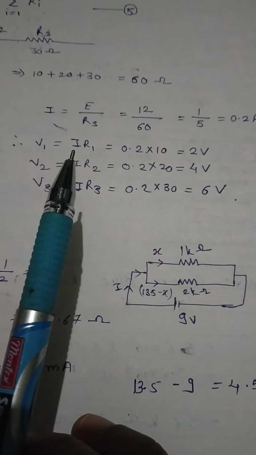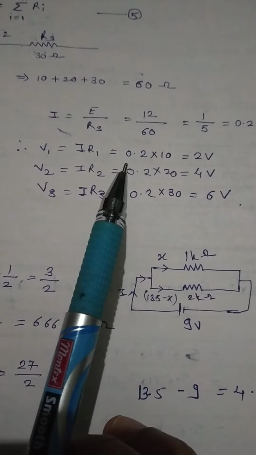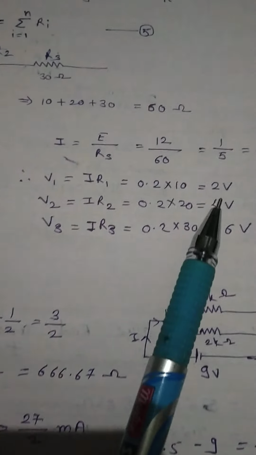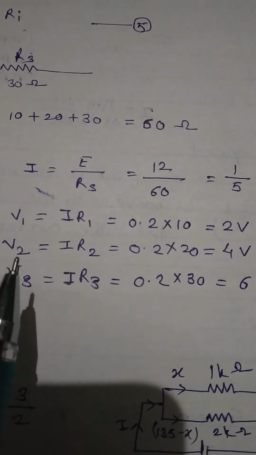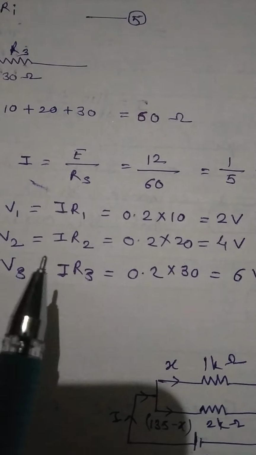So therefore V1 is equal to I R1. So 0.2 multiplied by 10 is equal to 2 volt, because the voltage unit is volt.